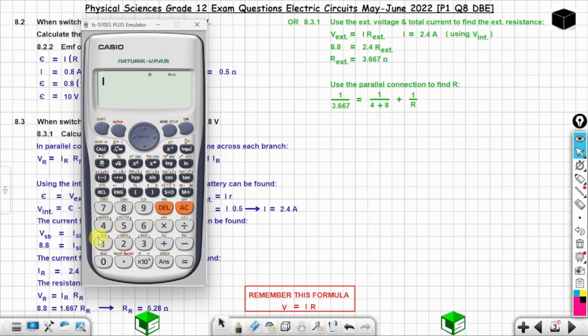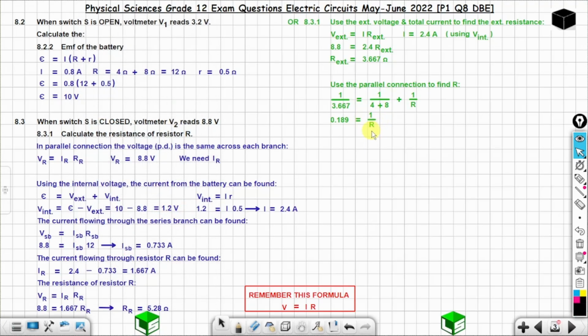On the left, you have 1 over 3.667. You bring this to the left, you have minus 1 over 12, that is 4 plus 8. You are going to have 0.189. This is equal to 1 over R.